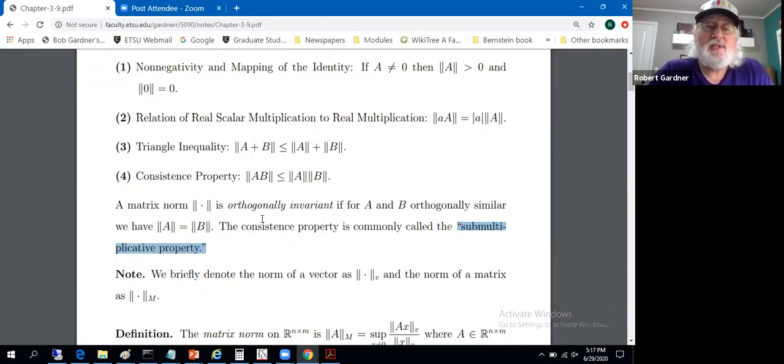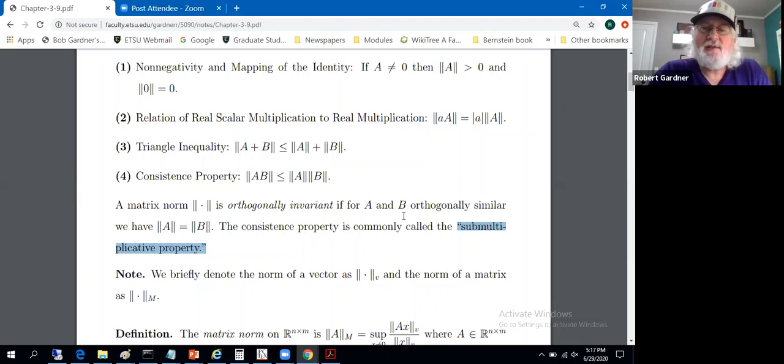A matrix norm is said to be orthogonally invariant if for A and B orthogonally similar matrices, that is, I can write maybe A as Q^T B Q, where Q is an orthogonal matrix. So that would be orthogonally similar.